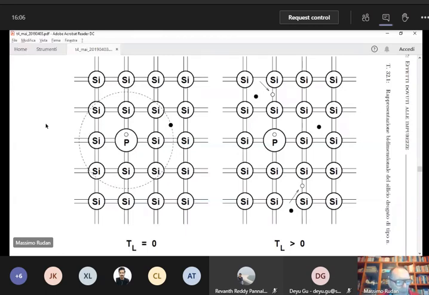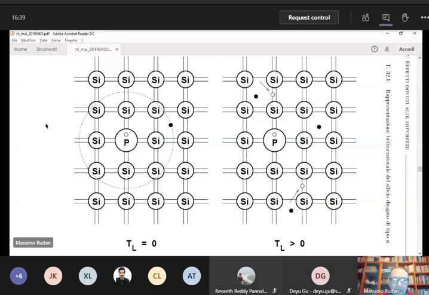The other possibility is using a material belonging to the third column of the periodic table of elements. In this case, the typical example is boron. A boron atom provides a hole to the valence band.